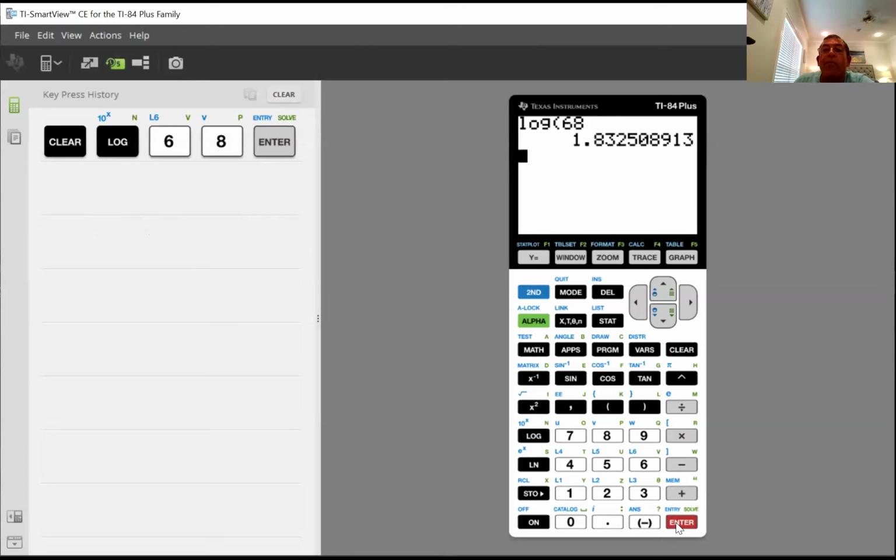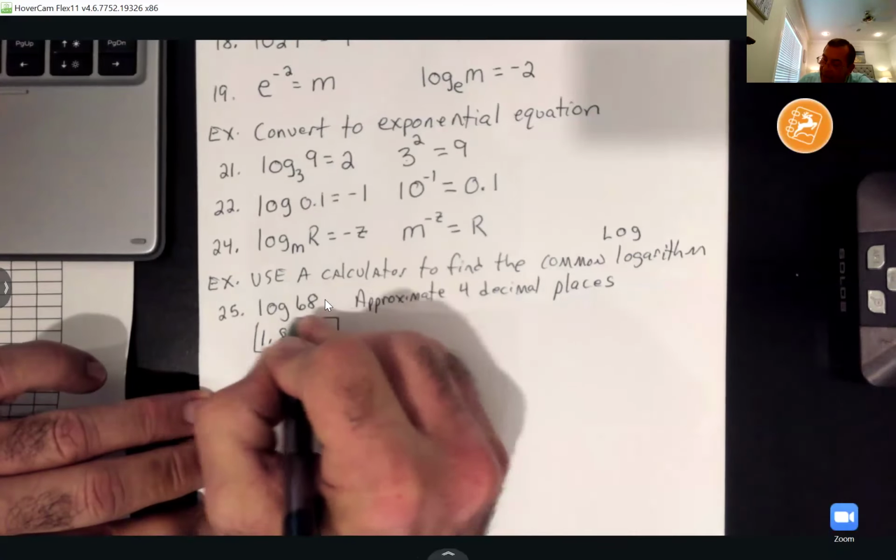So it is a 1.832. So the 5's in the 4th spot. Got a 0 after it, so I'm going to leave that a 5. So 1.8325. All right, so that would have been my answer.